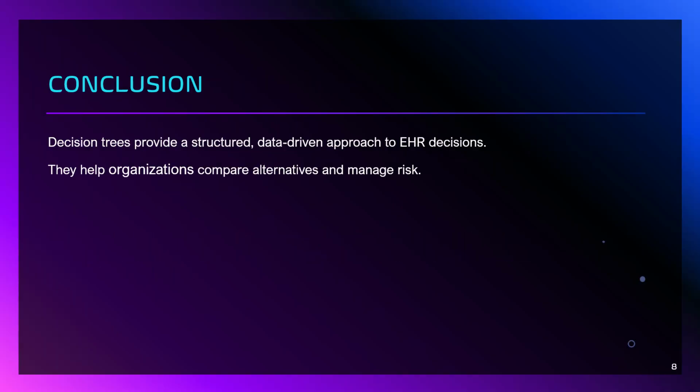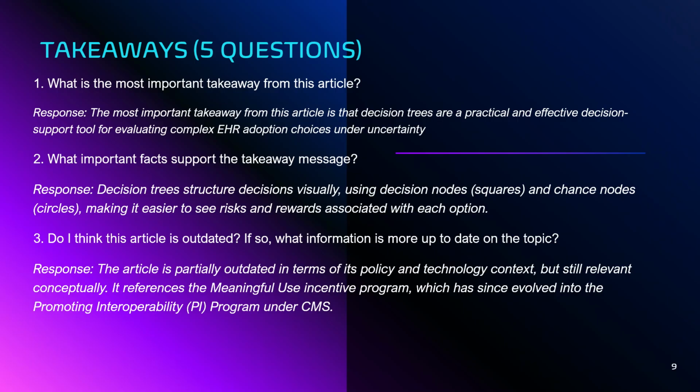In conclusion, the decision tree provides a structured, data-driven approach to EHR decisions, and it also helps organizations to compare alternatives and manage risk. And I'm just going to be answering the 5 takeaway questions I mentioned earlier for this decision tree article.